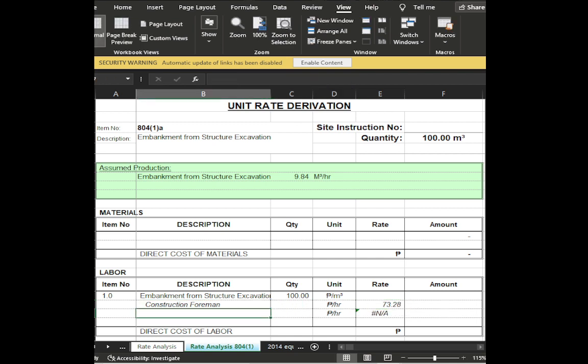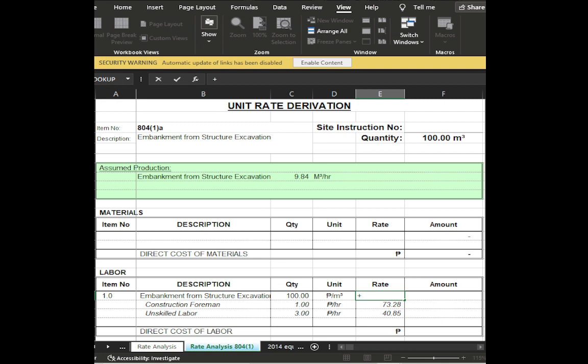So for unskilled labor, we have the same labor, guys, from excavation. And for embankment, we'll use the same labor. We need one construction foreman and 3 unskilled labor.